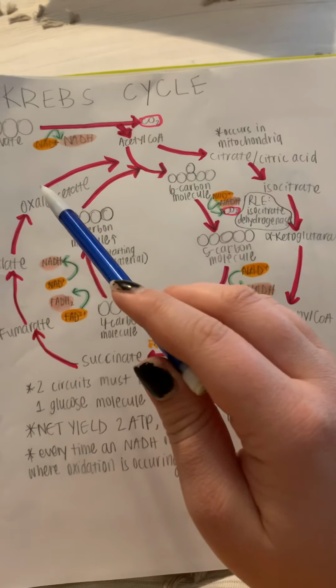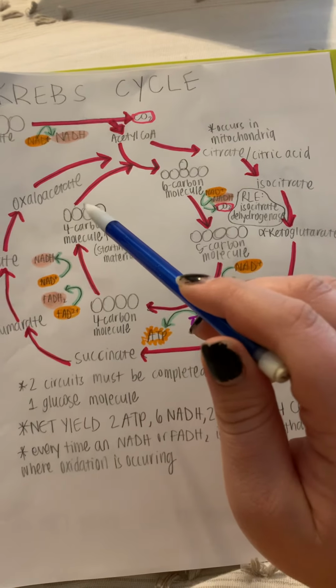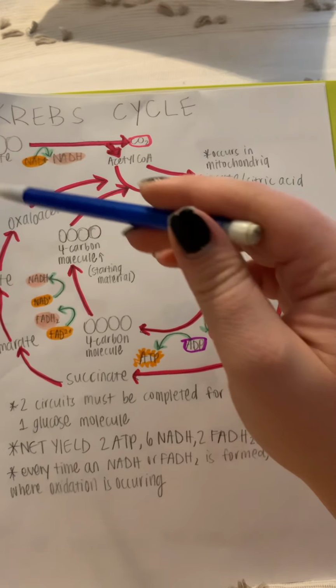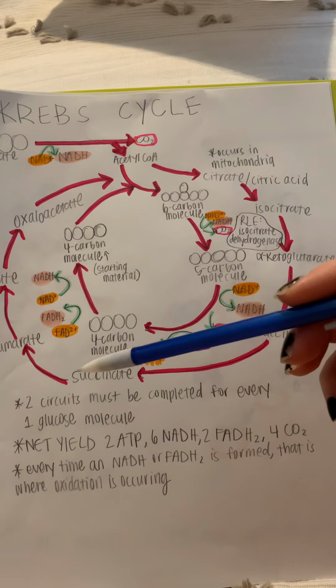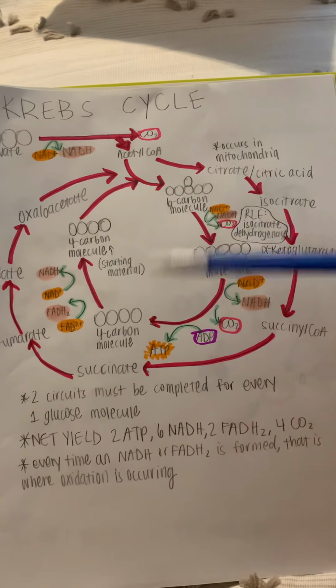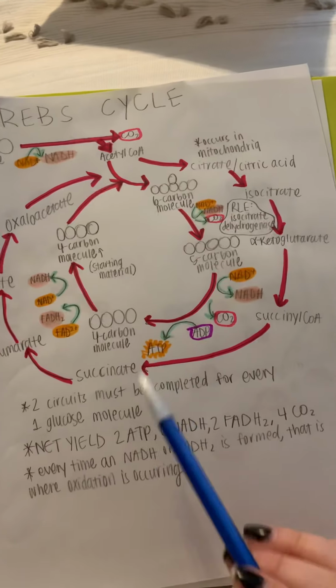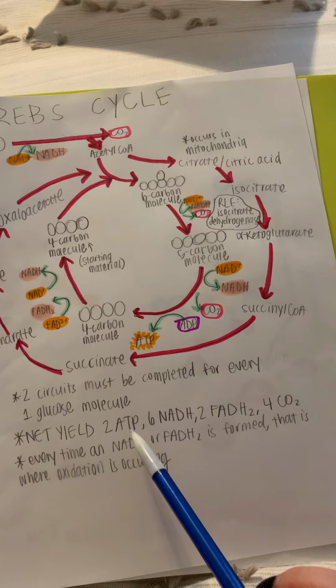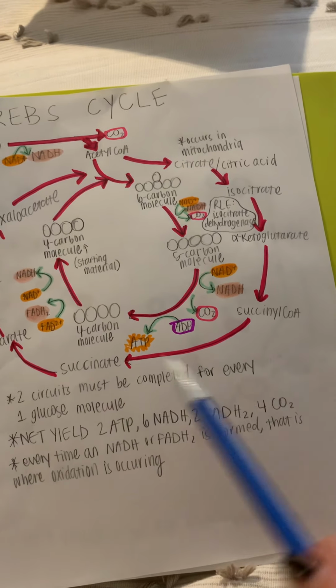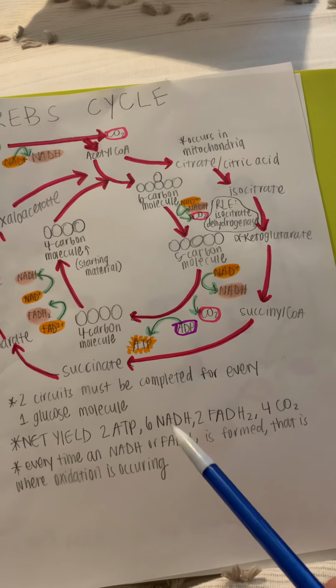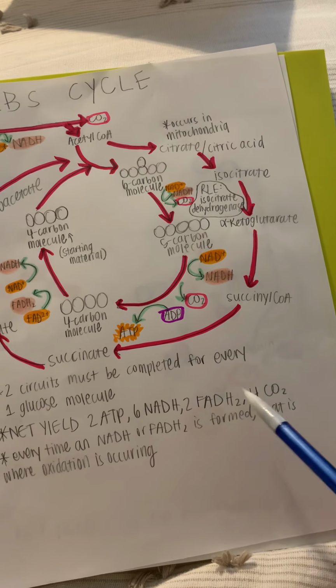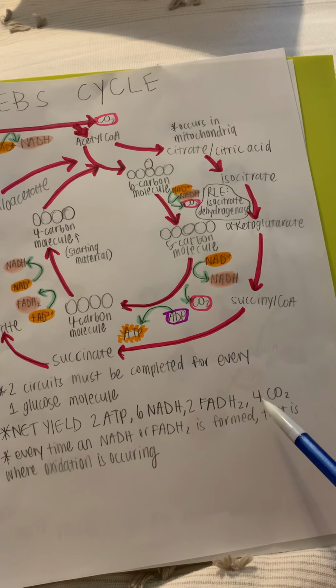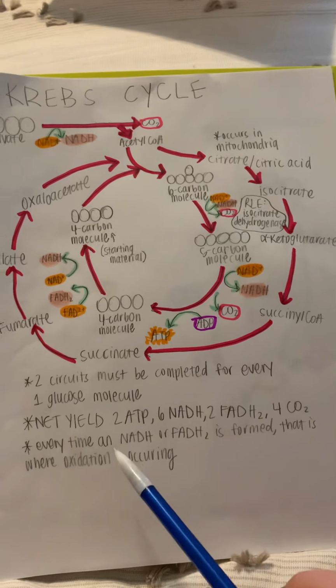molecule. So we started glycolysis with 1 glucose molecule. With that 1 glucose molecule, we have to do the Krebs cycle, the loop, 2 times. So for the Krebs cycle, the yield is going to be 2 ATP because you go around 2 times, 6 NADH, 2 FADH2, and 4 carbon dioxides.